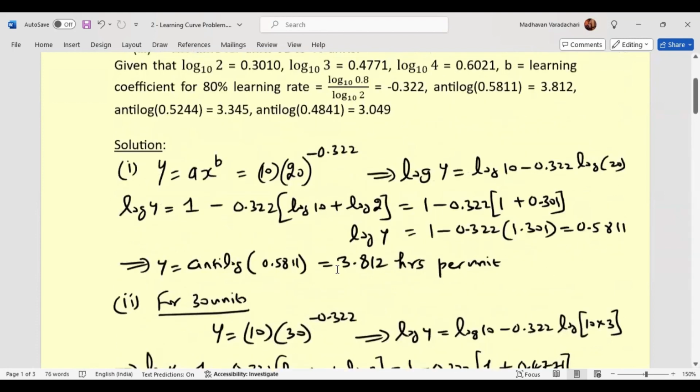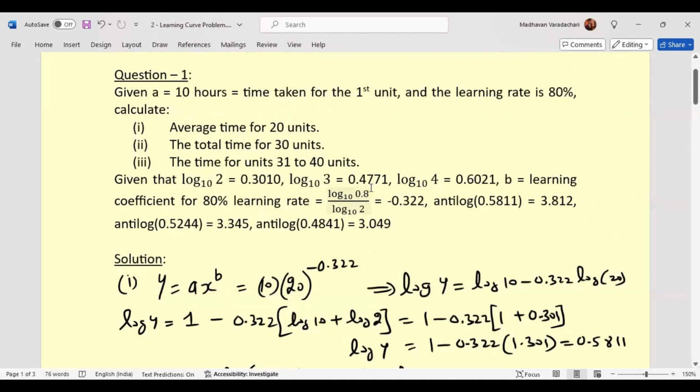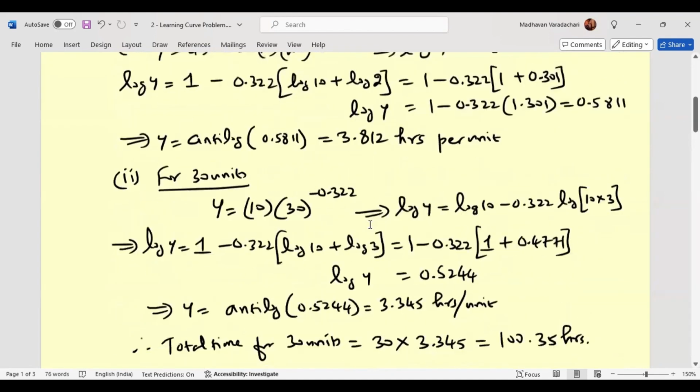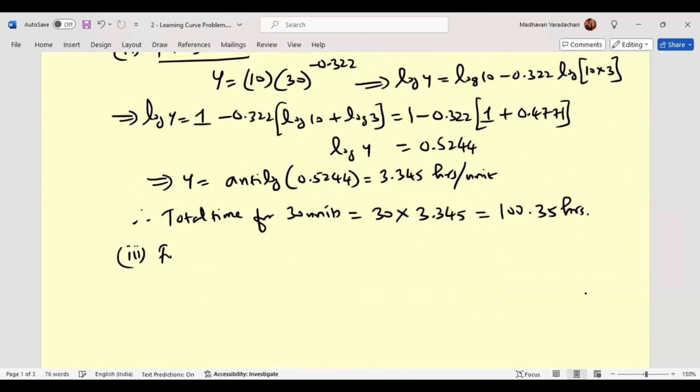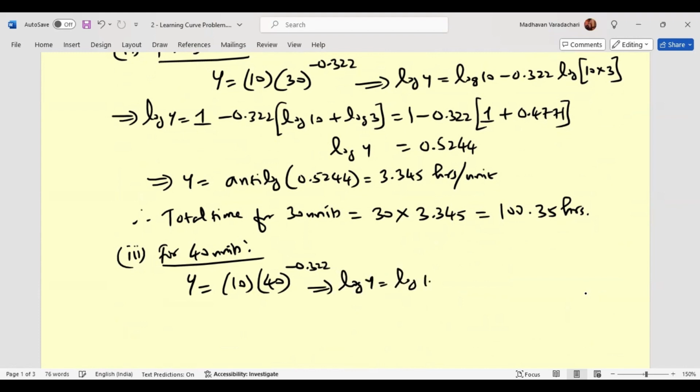Third part, they are asking for 31 to 40 units. Let us calculate 40 units first. For 40 units, y will be a, that is 10 times 40 to the power of negative 0.322, which means logarithm of y will be logarithm of 10 minus 0.322 times log of 40, which can be written as 10 into 4.